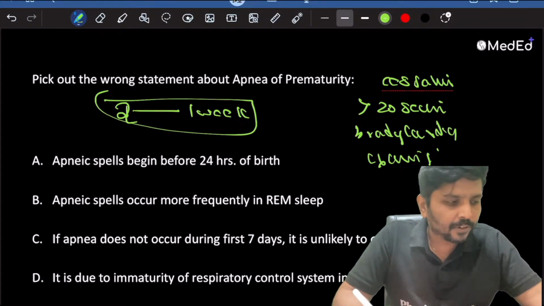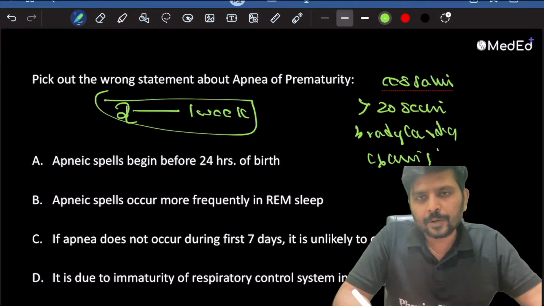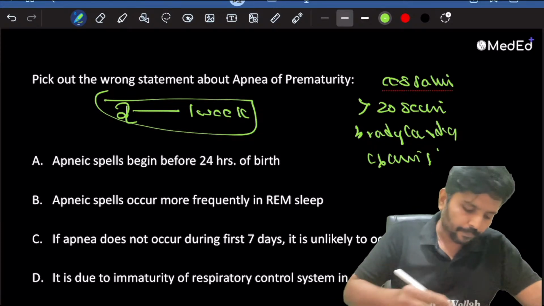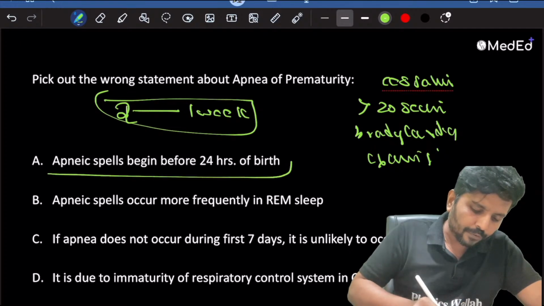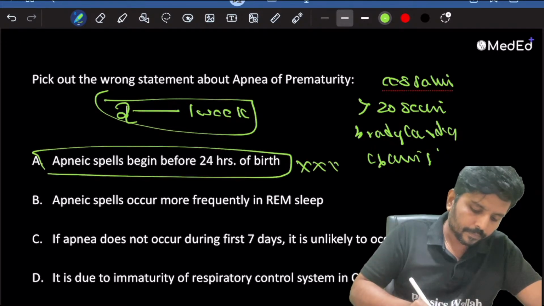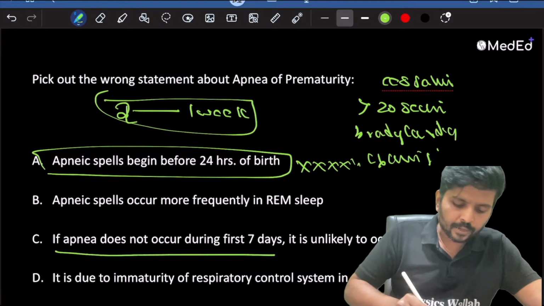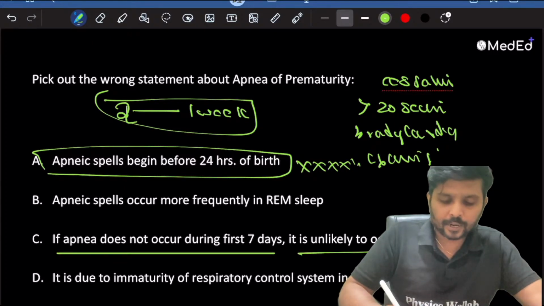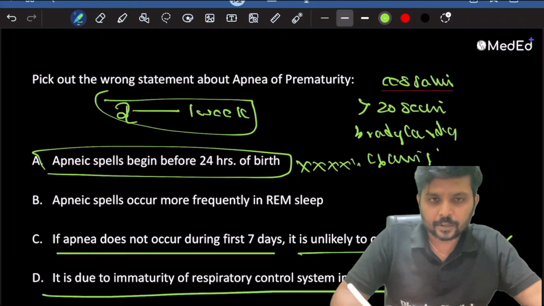If it occurs in the first day of life, it is less likely to be due to apnea of preterm. It is due to something else. So the statement that apnea spells begin before 24 hours must be wrong. If apnea does not occur during the first 7 days, it is unlikely to recur. Correct. It is due to immaturity of the respiratory control system.